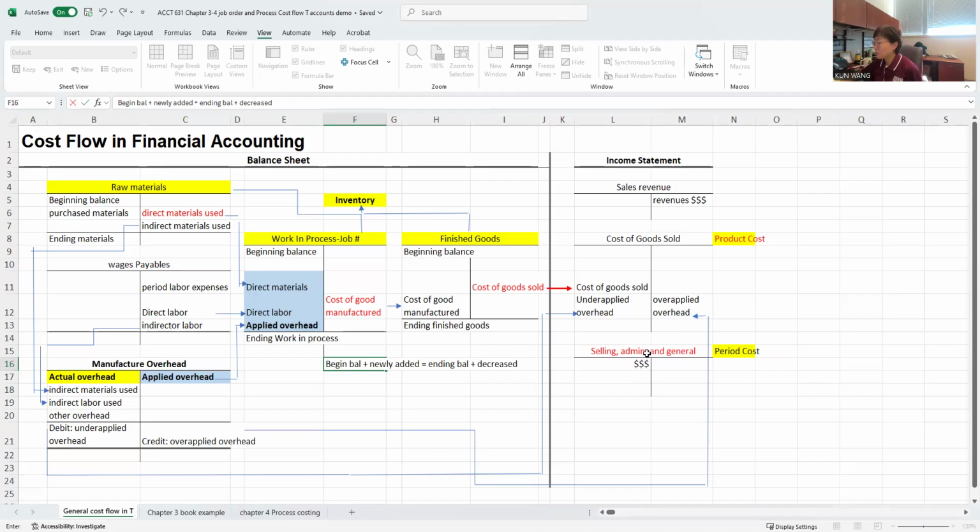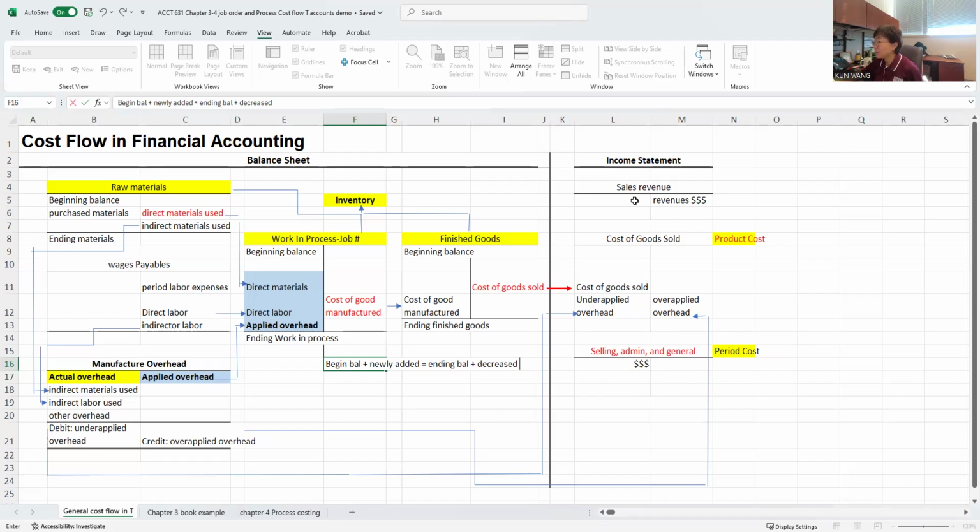In an actual accounting system, you may have multiple expense accounts, for example selling expenses, admin expenses, or other general expenses to capture all of the period cost. And these expenses will be directly posted under your income statement as a deduction after your gross profit.